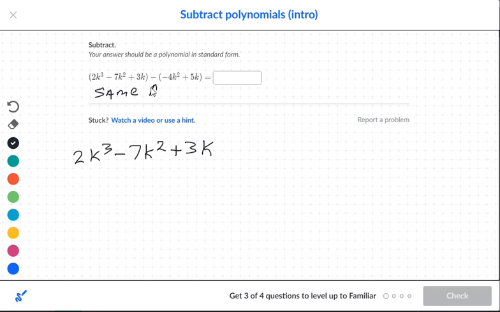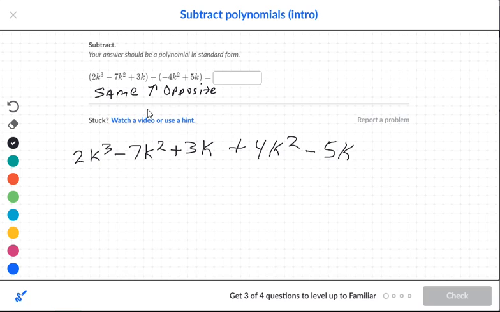So you see the minus sign right there? All of these are going to become opposite. So that negative 4k to the second will become positive, and that 5k will become negative. That negative sign tells me to write down the opposite of what I see. I see a negative 4k to the second, it becomes a positive. I see a positive 5k, it becomes a negative.